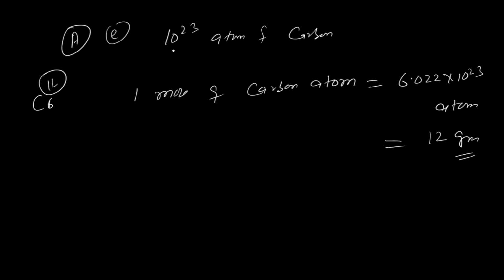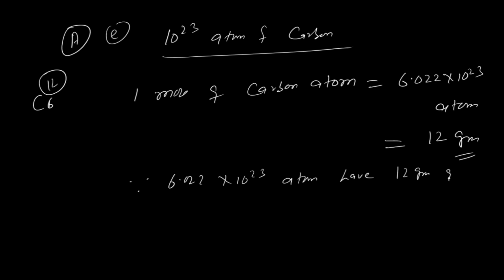They are asking what the mass of 10 power 23 atoms of carbon will be. So you just use the unity method, since 6.022 into 10 power 23 atoms will have 12 gram of carbon.